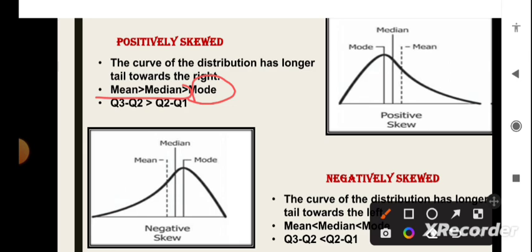If we talk about the quartiles, here the first quartile is displaced towards the skewed tail. So in a positively skewed curve, the first quartile is towards the right, whereas in a negatively skewed curve, the first quartile is towards the left.